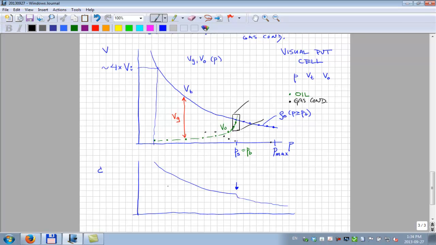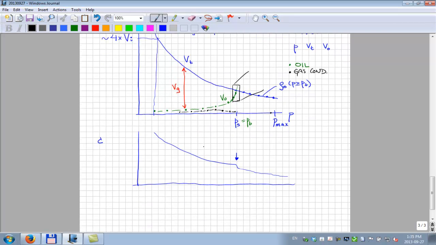Well, the magnitude on the y-axis may not be. Let me go back. And then if you go to low enough pressure, it starts dropping again. It's not a very good picture because the scale is so terrible.